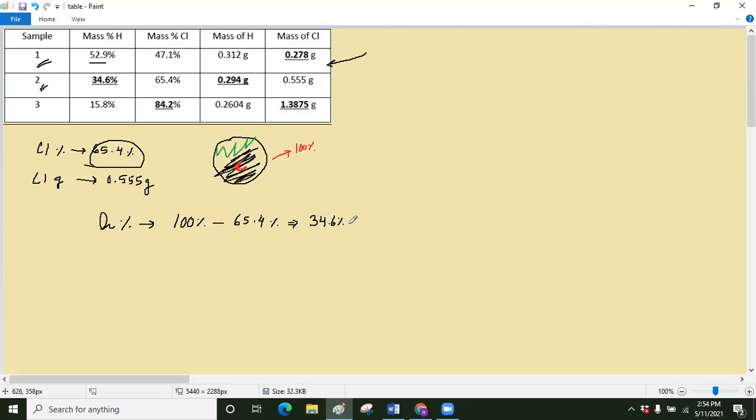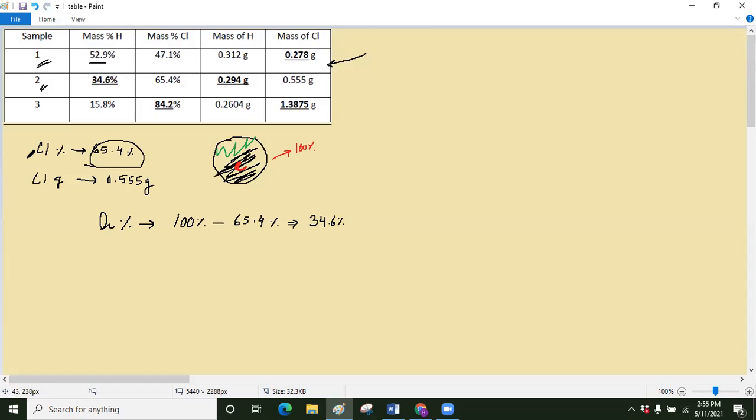Now, if you hadn't realized that, there's another way, right? Sort of a backdoor way to get this information. But for the first method, if you did understand that the remainder must be hydrogen, or the remainder of a particular sample, if we're given the percentage, let's say 50%, then the other 50% must be the other element that the sample consists of.